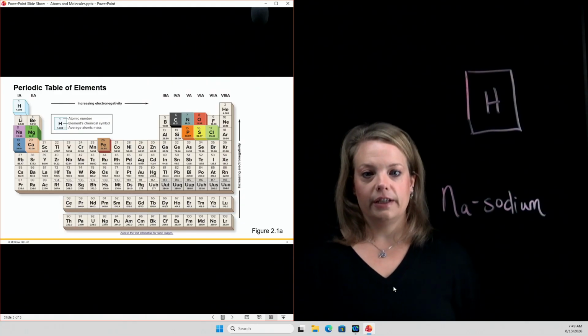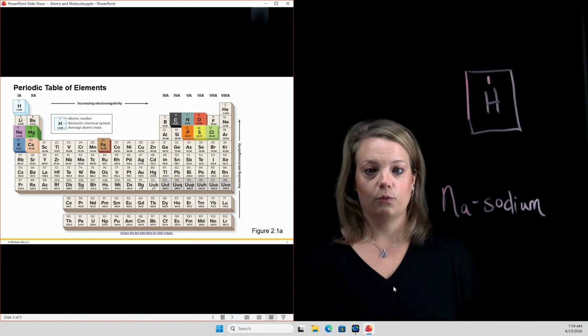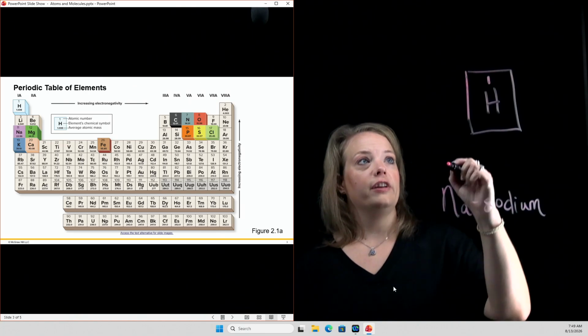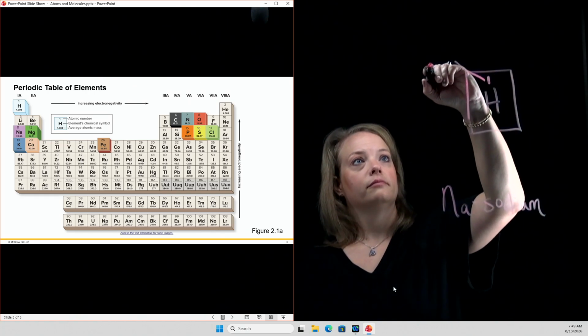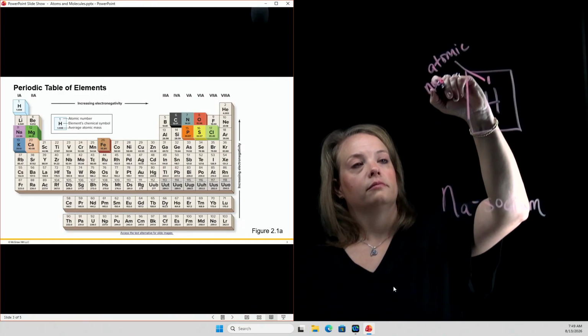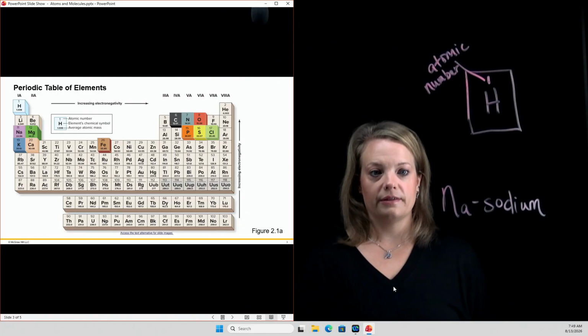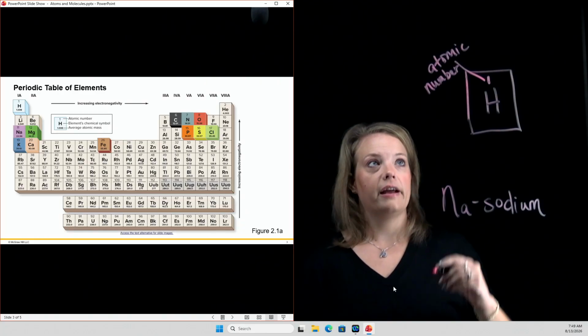At the top of each symbol is a number. For hydrogen, it's 1. That's called the atomic number. This number represents the number of protons in that atom.